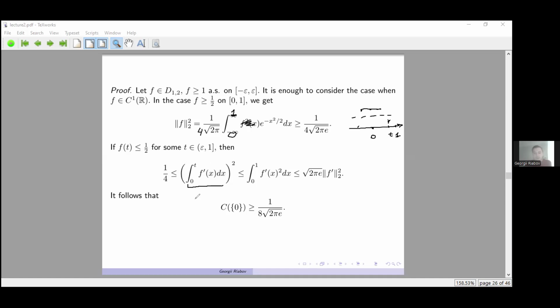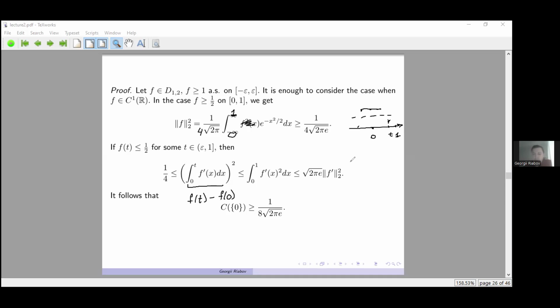But the increment is the integral of the derivative of f. And this by the Cauchy inequality can be estimated as the integral of f prime squared.